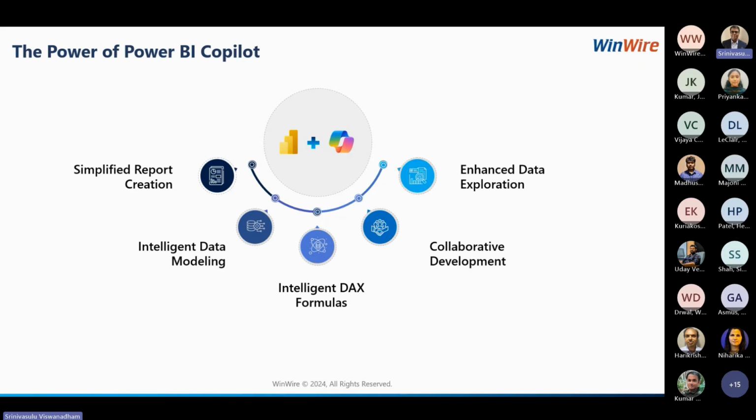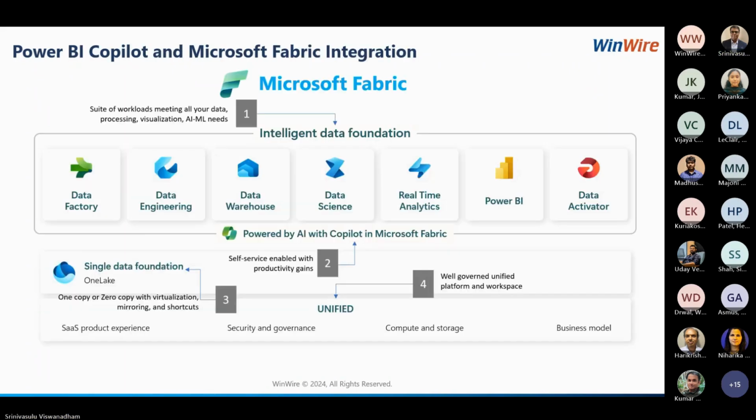That way you have a proper development environment and enhanced data exploration. As soon as you have a proper data model set up, by default the AI engine of Power BI looks at your data and gives you meaningful exploration activities on top of it.